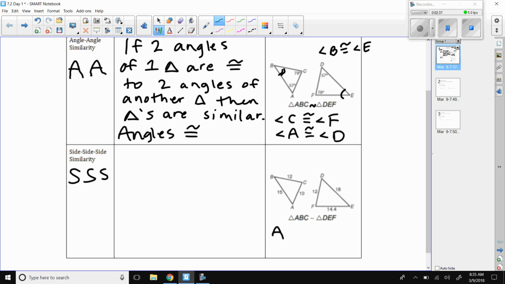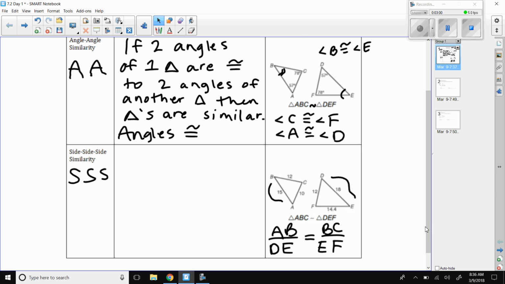So AB over DE is equal to BC over EF. We're able to match side AB and DE, and then BC and EF, and those are going to be similar.